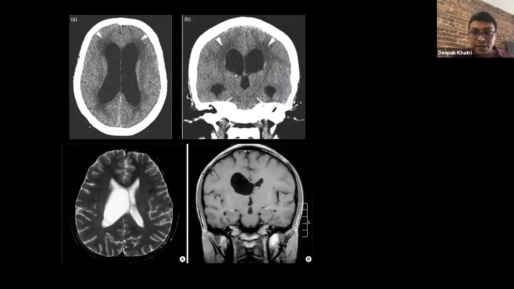So it is really important to look at your radiological images very carefully, not only to define the pathology, not only to identify the level of the obstruction, but even to formulate your surgical plan, you should be able to read your images. That's why I have put all these pictures, so that you're familiar with the basic radiological images associated with these pathologies.